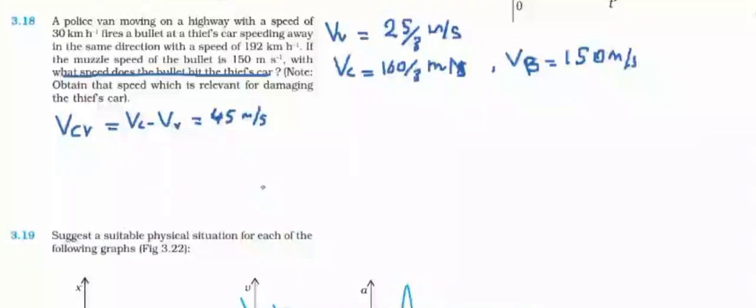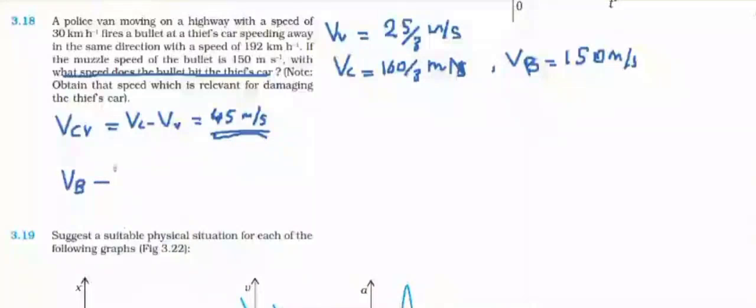In fact, the car is moving with this particular relative velocity. Now the bullet is reaching with a velocity of 150 meter per second. Therefore, now we need to calculate the relative velocity between the bullet and the car. The car is already in relative motion with the van, and from there only the bullet is fired.